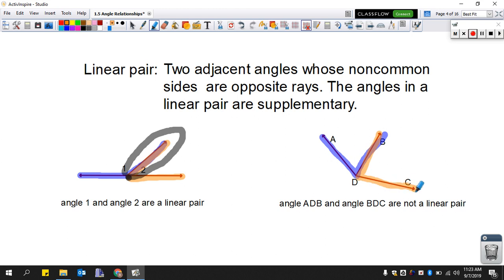Those are not a linear pair. Now, they are adjacent angles, because they do share a common vertex and a common side. But you see that side AD and side CD, the blue side and the orange side, don't form a straight line. They actually form another angle. So that's why they're not a linear pair.